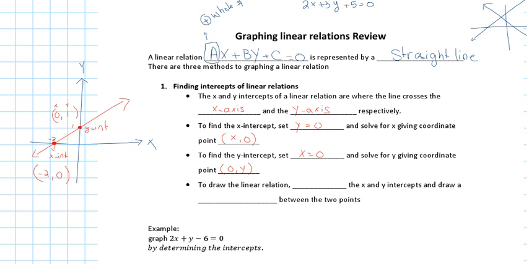To draw the linear relation, plot the x and y intercept and draw a straight line between the 2 points. So that's one way for me to graph a linear relation. Find the x-intercept, find the y-intercept, draw a line.